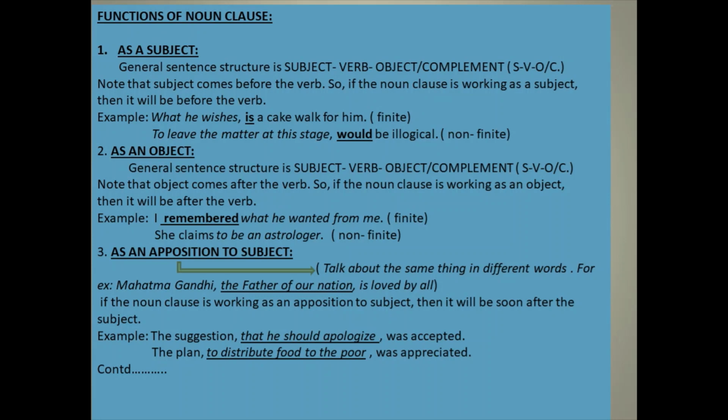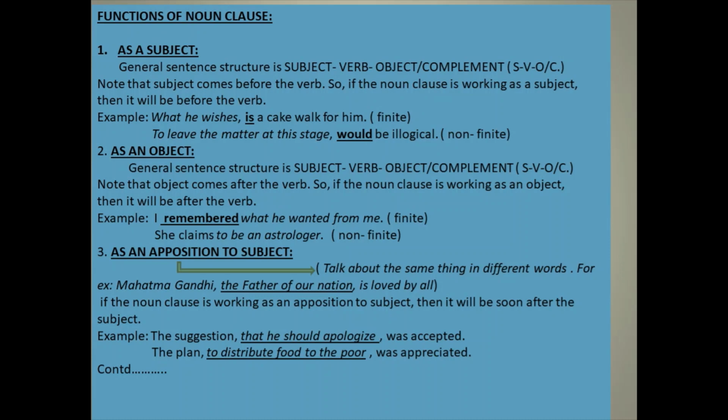We are saying that the noun clause will be before if it is a subject, and after if it's an object, but you should understand the function of the noun clause. You should understand what it is talking about. It is telling you more about the noun, more specific information about the noun.